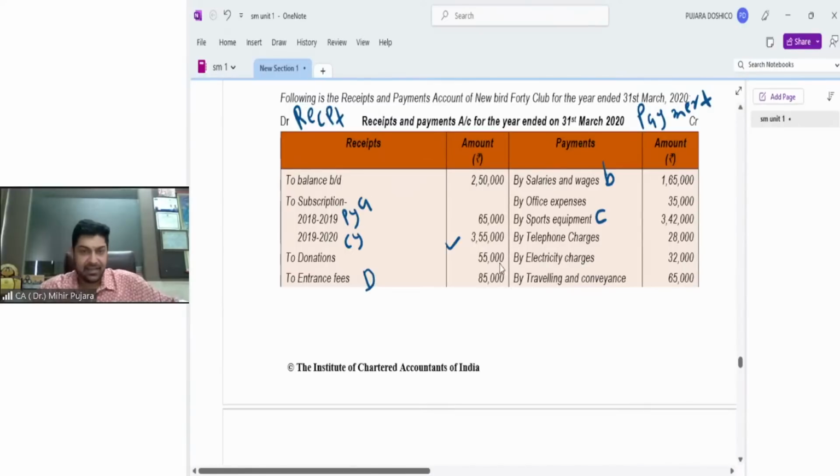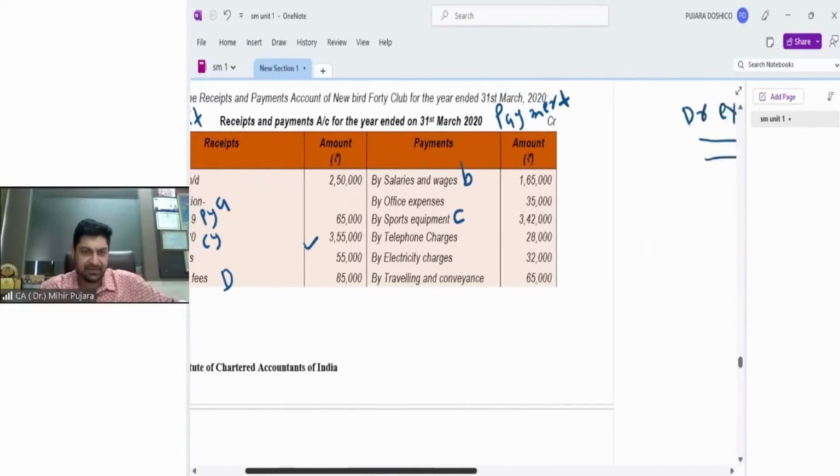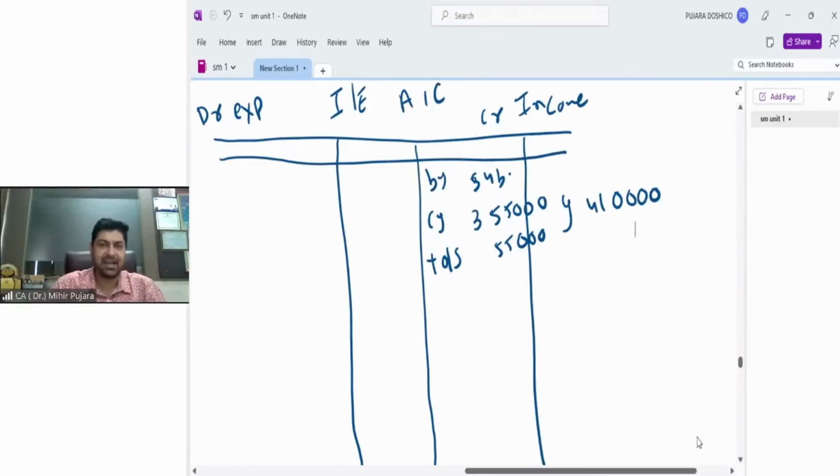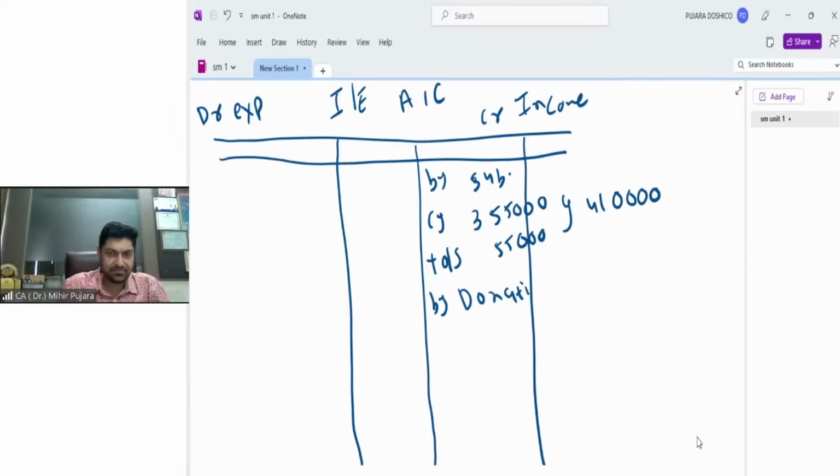Then, guys, donation 55 is my income. Nothing specified. It's for general purpose. It will be my general purpose. Yes, Kausarali, you can. Don't worry.